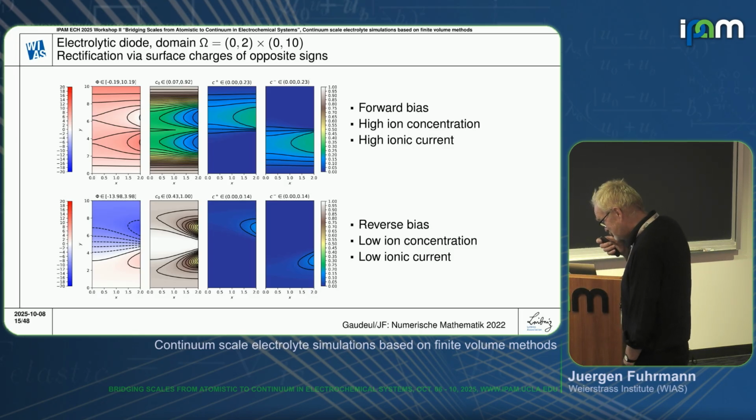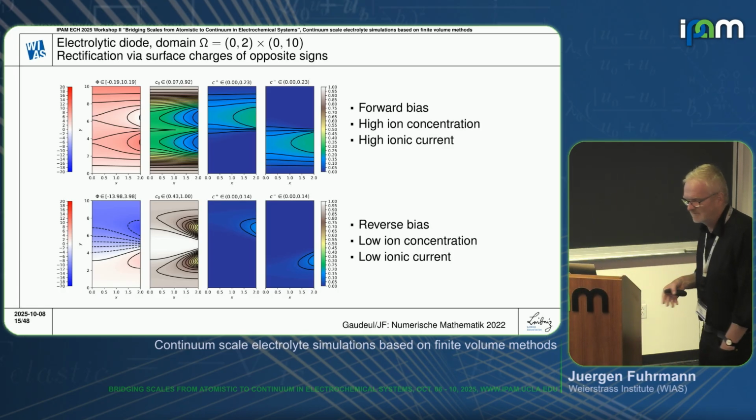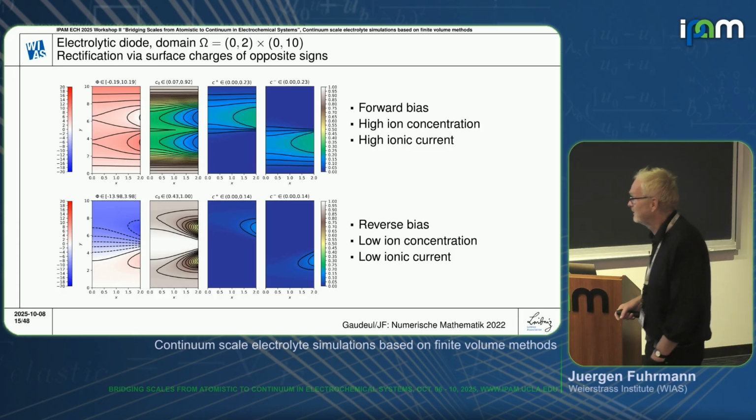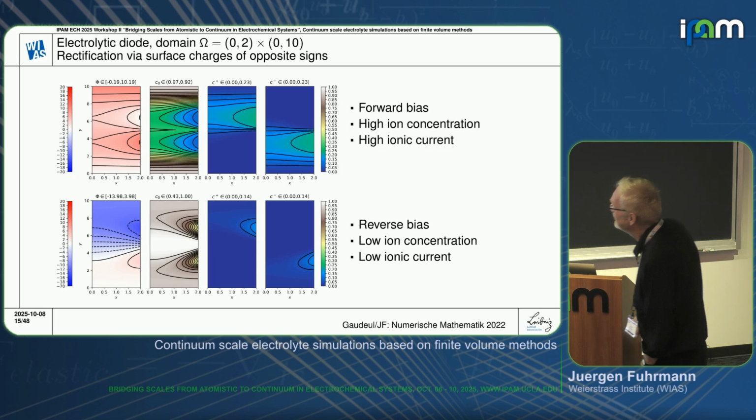The equivalent of doping here is that we have opposite surface charges, which are just a part of the boundary conditions for the electrostatic potential. These are two-dimensional domains, and the channel goes from top to bottom.